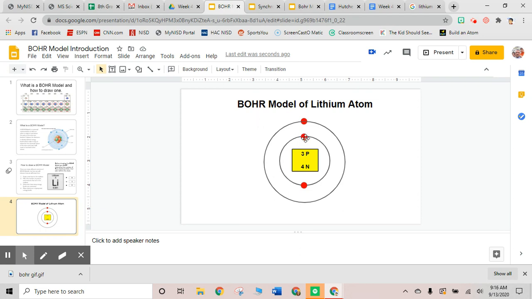So again, the first energy level can only hold 2, and the second energy level can hold a total of 8, but we only need to put 1 in there because lithium only needs 3 electrons. Okay, so that's a quick tutorial on how we're going to be drawing Bohr models. You can always refer back to this video for that tutorial.